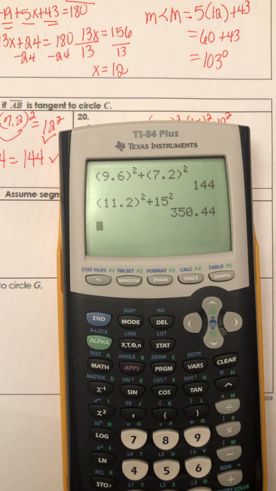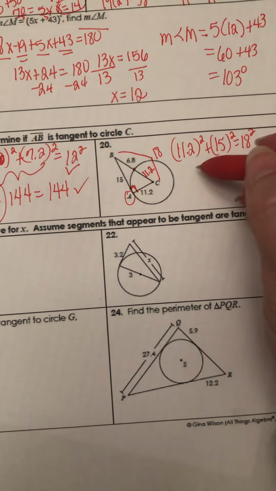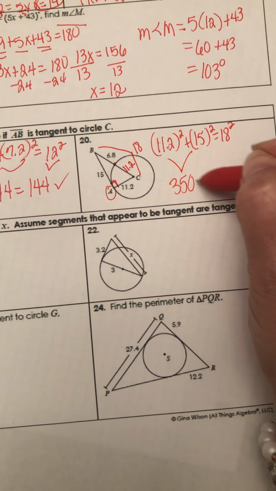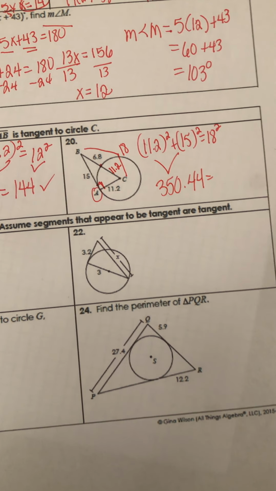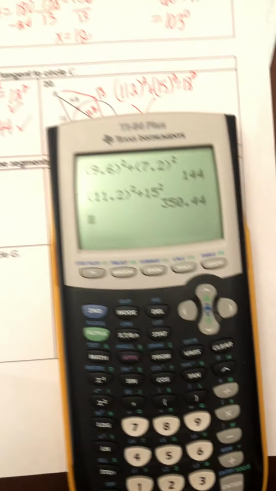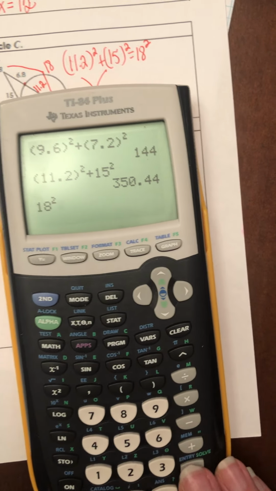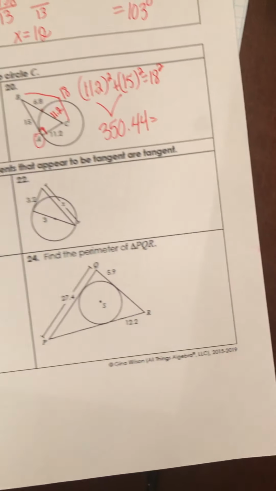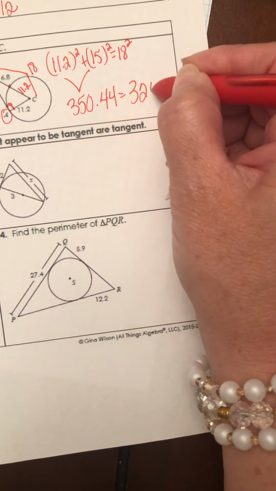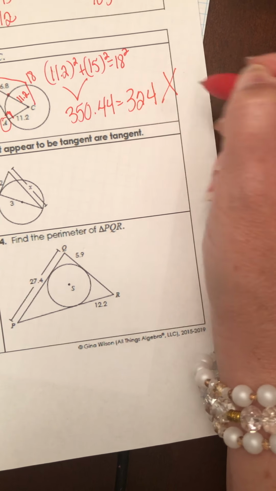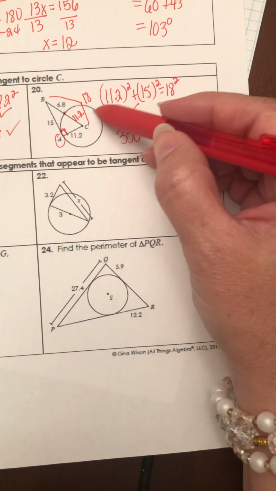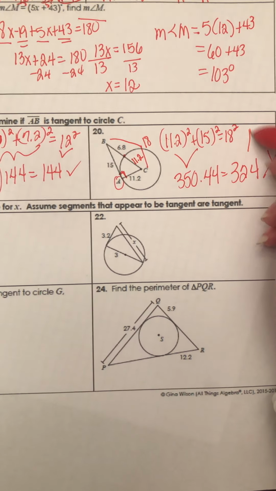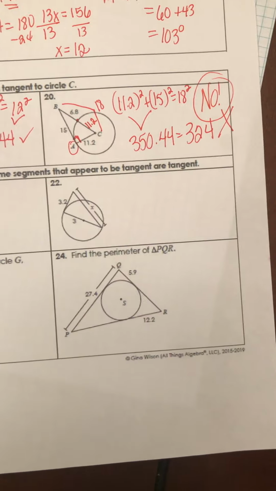And that's going to give me 350 44/100 for the left side. Now, if we go to the right side, we have 18 squared, and we know that is not going to yield a decimal. So do these two match? That is a big old no. Okay, since the Pythagorean theorem doesn't work out, then that means that AB cannot be a tangent line.